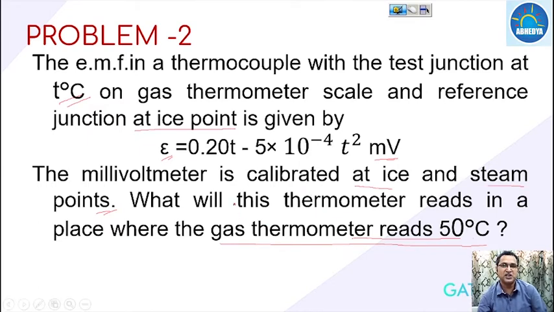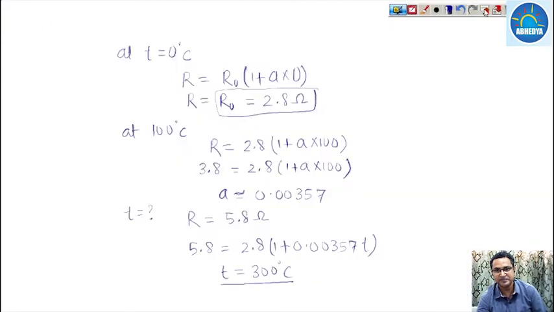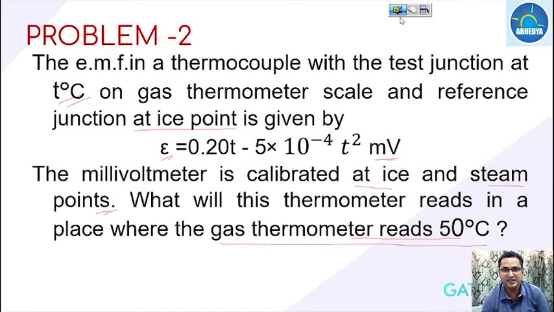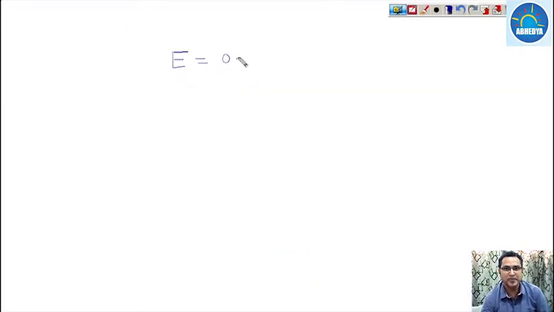Okay, so how to solve this type of question? Now see, the given equation is E equal to 0.2 T minus 5 into 10 raised to the power minus 4 T square, where E is the induced EMF. At the ice point, what is the value of T?